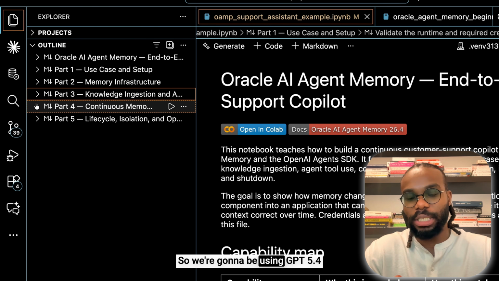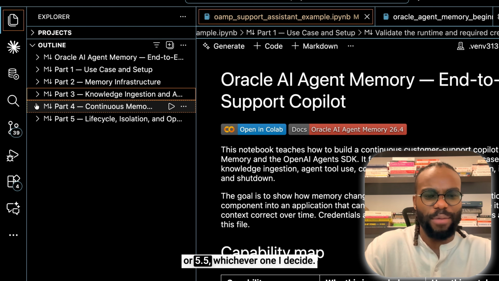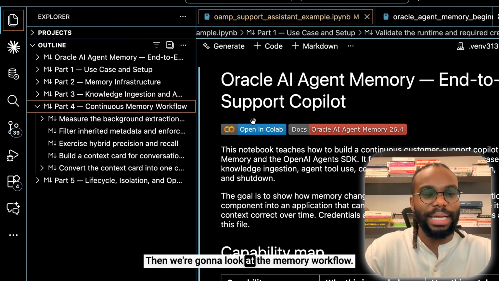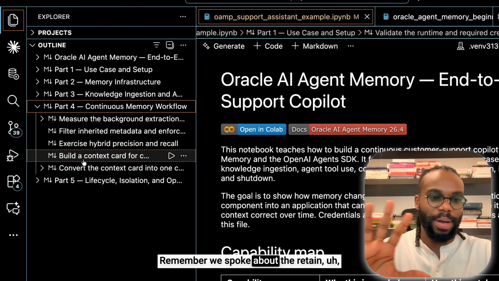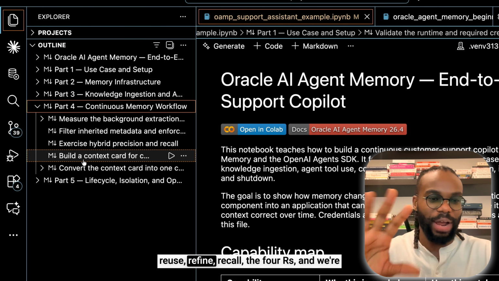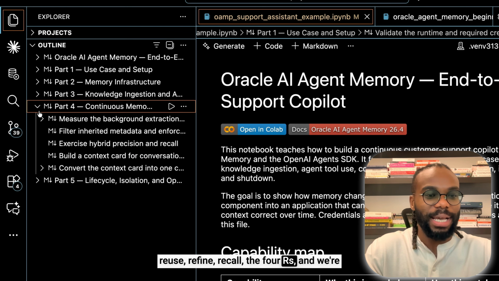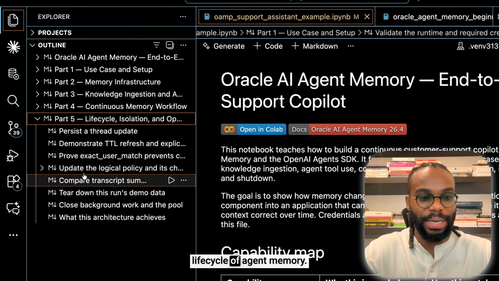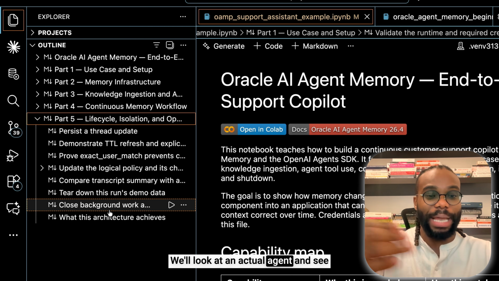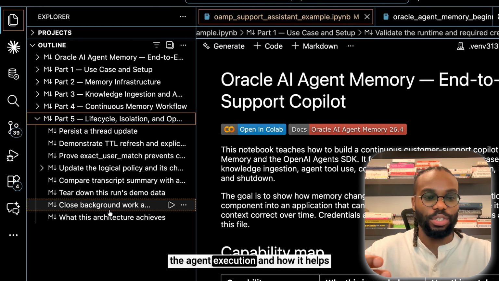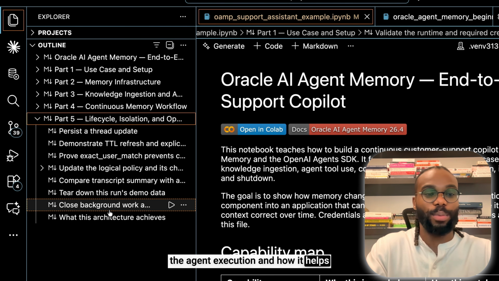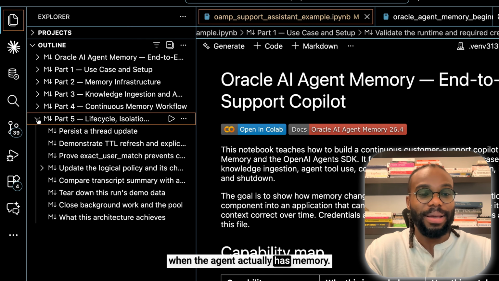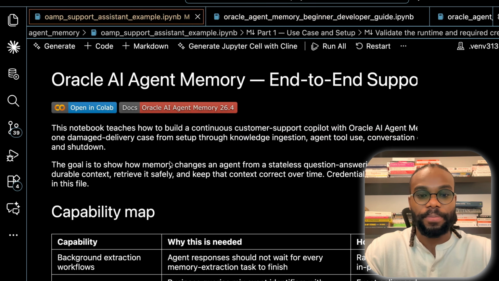So we're going to be using GPT 5.4 or 5.5, whichever one I decide. Then we're going to look at the memory workflow. Remember, we spoke about retain, reuse, refine, recall, the 4 Rs, and we're going to be seeing that in action as well. Then we'll look at all of the life cycle of agent memory. We'll look at an actual agent and see the agent execution and how it helps when the agent actually has memory. Let's get into it.